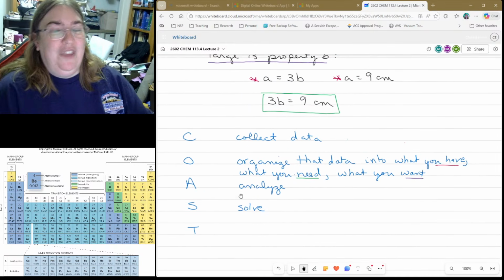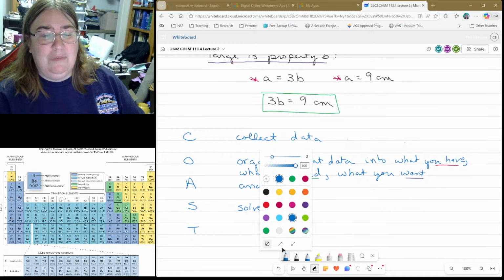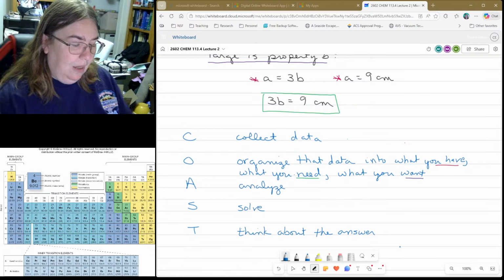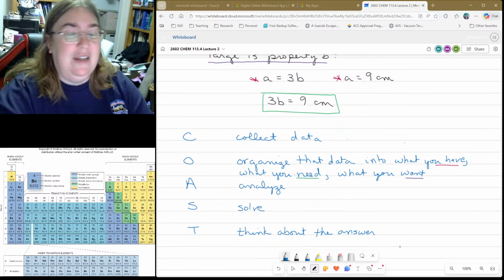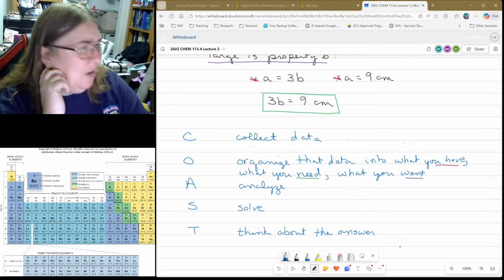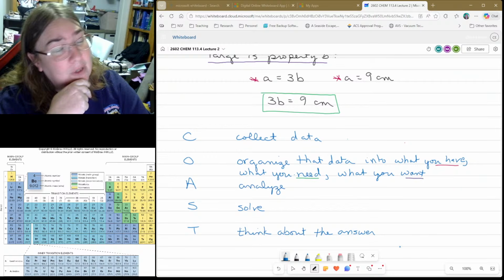And then the final thing is something that a lot of times students don't do. Think about the answer. Does that answer make sense? So, for instance, if you get an answer and you're like, well, that seems awful large based on what I had, or awful small based on what I had, then maybe you input something wrong in your calculator.